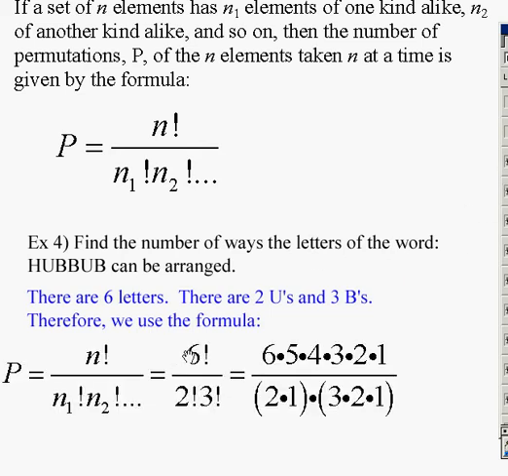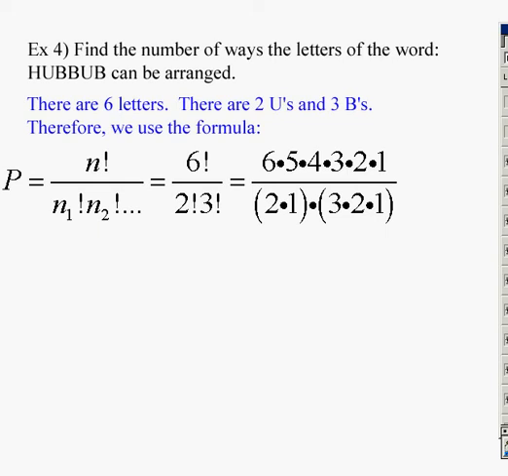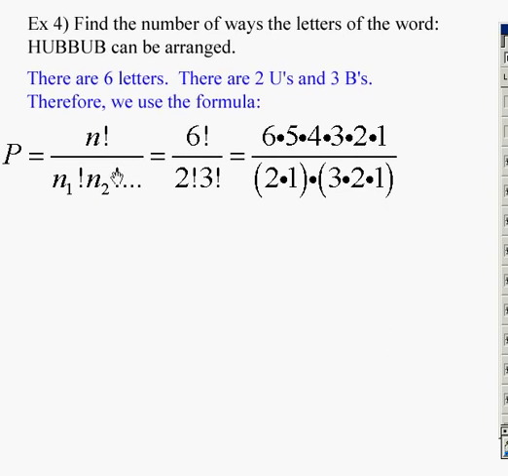So we're going to use the formula where there's 6 letters to choose from. That's 6 factorial. And then we've got to put that over the number of letters that have repetition. So since the U's show up twice, that's over 2 factorial. The B's show up 3 times, that's over 3 factorial. And if we simplify that, that will give us our answer of how many ways to arrange the letters in the word hubbub, because not every letter is unique.